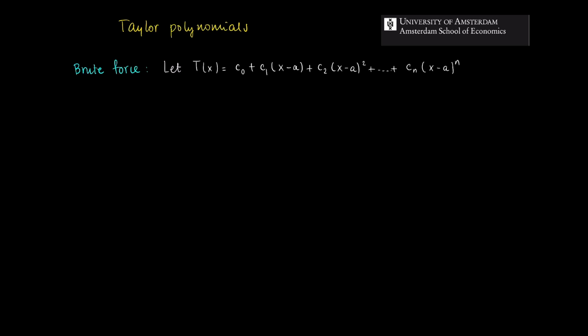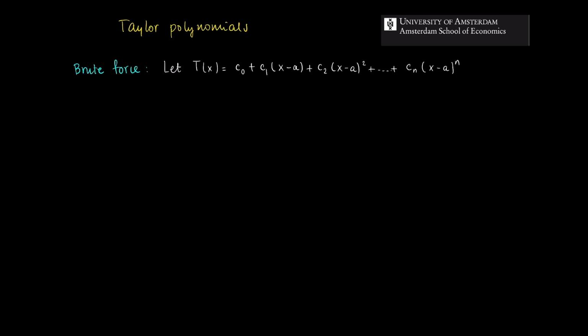This is clearly an nth degree polynomial, and we want to see if we can find constants c0, c1, c2, up to cn such that this polynomial is tangent to order n to the graph of f in a.